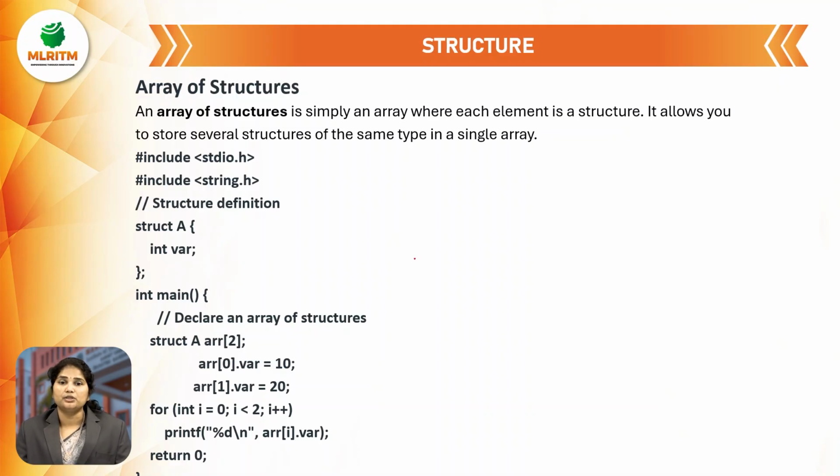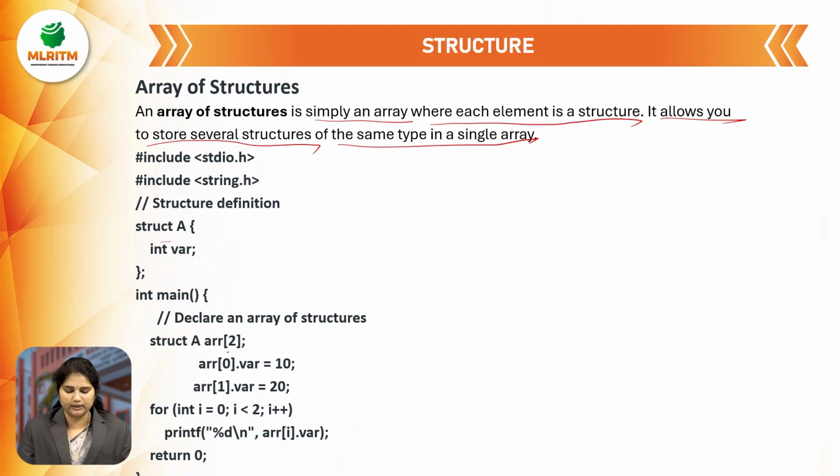So at that time we will use the array of structures concept. An array of structures is simply an array where each element is a structure, and it allows us to store several structures of the same type in a single array name. By using a single array name, we can store all 60 structure variables under one name.